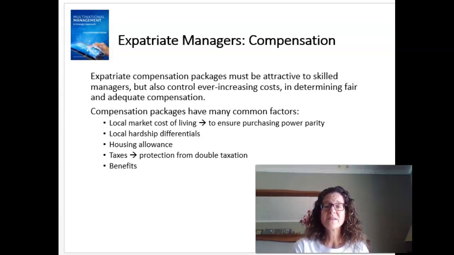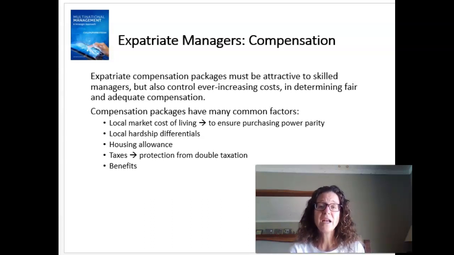Some other variables that might go into consideration in structuring the compensation package are local hardship differentials. Some destinations will involve significant hardship. For example, living in a Muslim country might represent some hardship for female expatriates or spouses of male expatriates who will not be able to work and have to comply with some restrictions that are present in those locations on women.